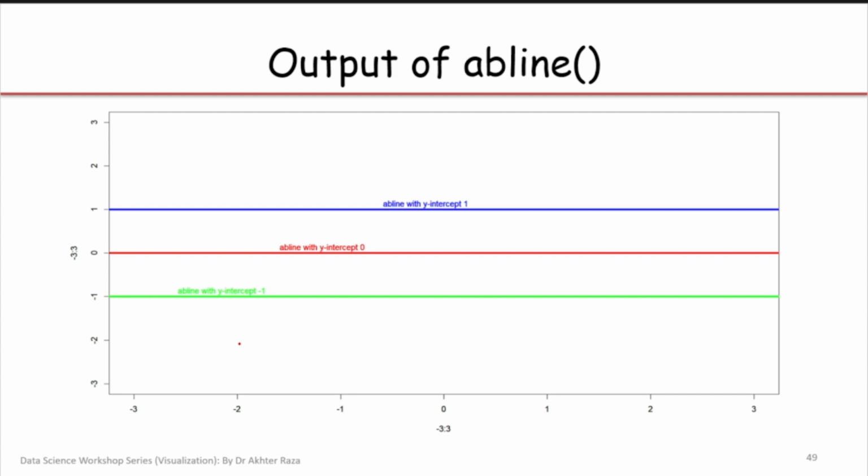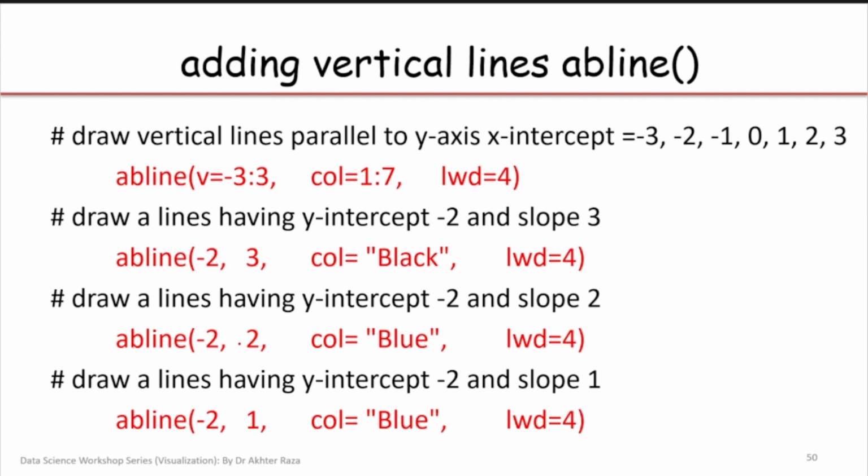Now we want to add some vertical lines over it and a few diagonal lines as well. To add the vertical lines, we have to use a parameter v equal to something. This is the command. This time I am not using v equal to exactly one number. This time I am using a range: v equal to -3 colon +3.